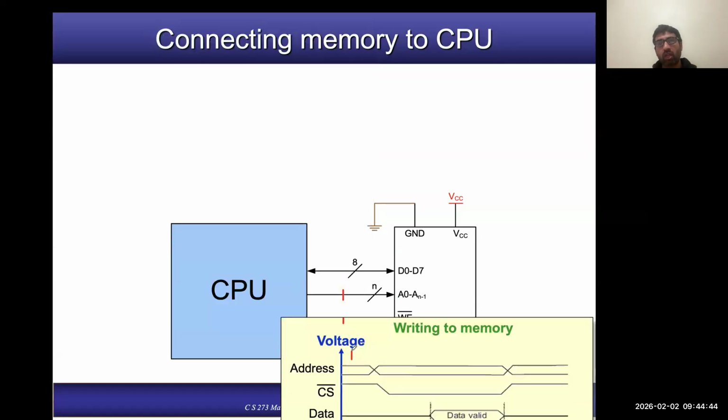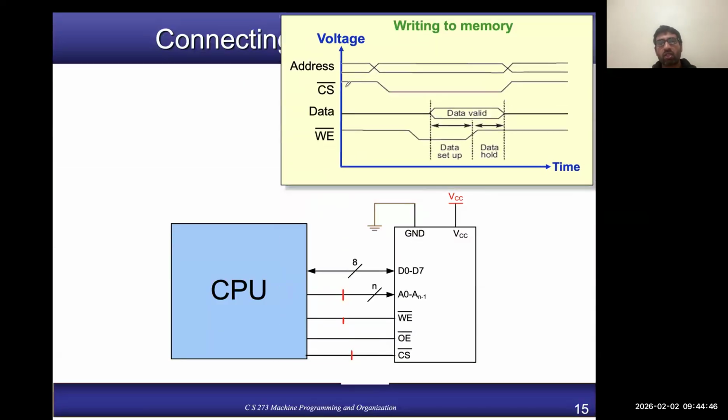No, there needs to be a sequence. So first you place the address, then after some time, which is shown here as a very small difference, you enable the chip itself by driving 0 on the chip select signal, right?